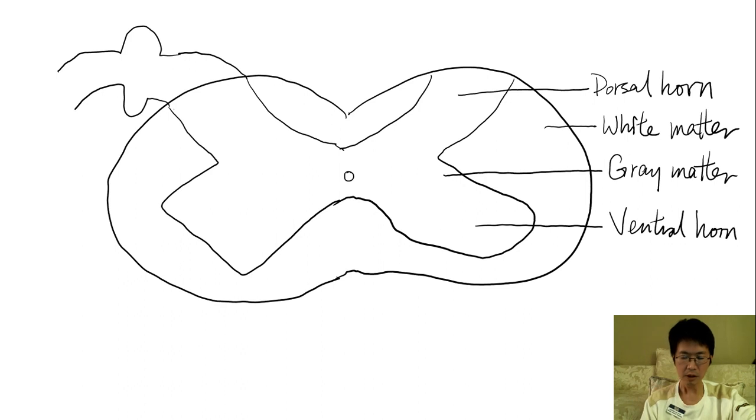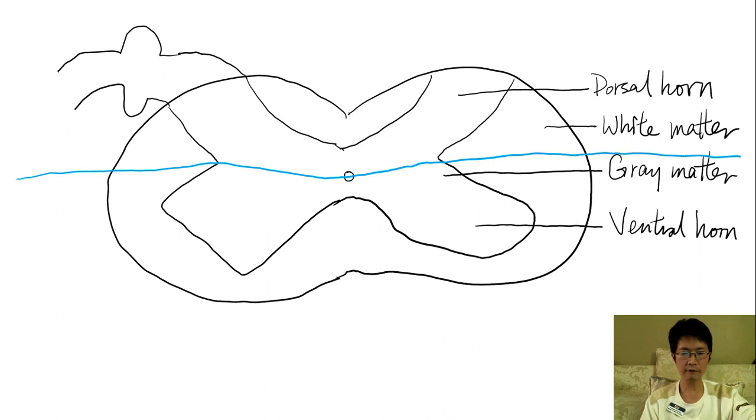In general, when I took neuroanatomy, my neuroanatomy professor told us that if we draw an arbitrary line dividing the spinal cord into dorsal and ventral side, in general, the dorsal side is for sensory, and the ventral side is for motor.